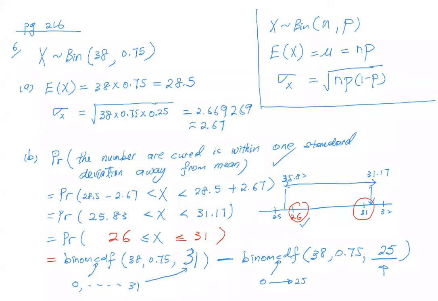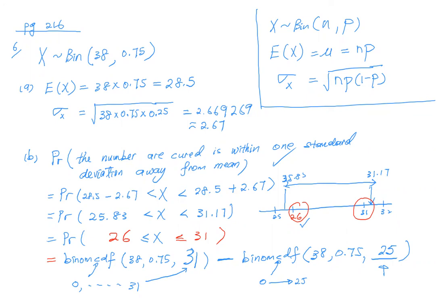Any question on this? Can you re-explain why 25 instead of 26? Because I want 26, 27, 28, 29, 30, 31. This is what I want.